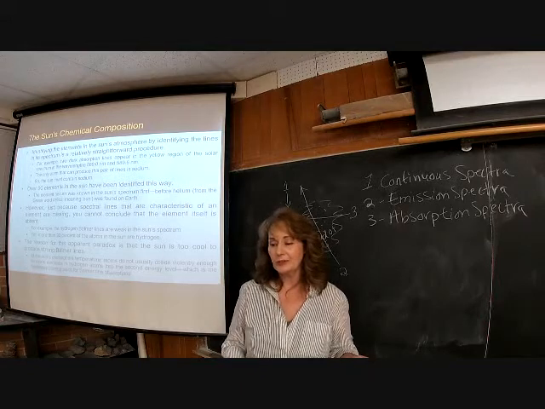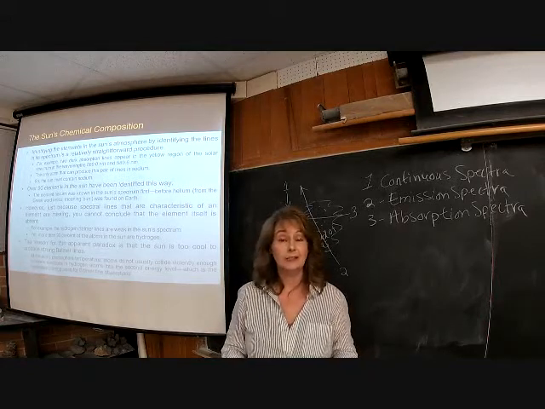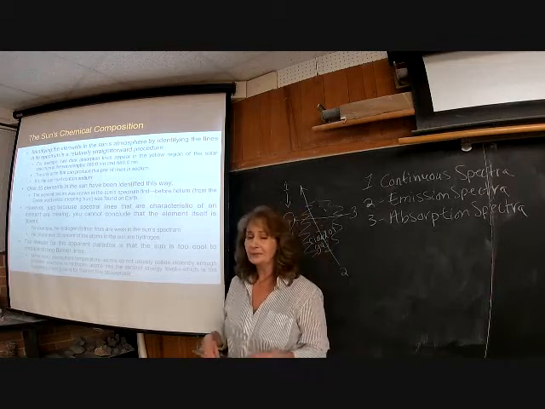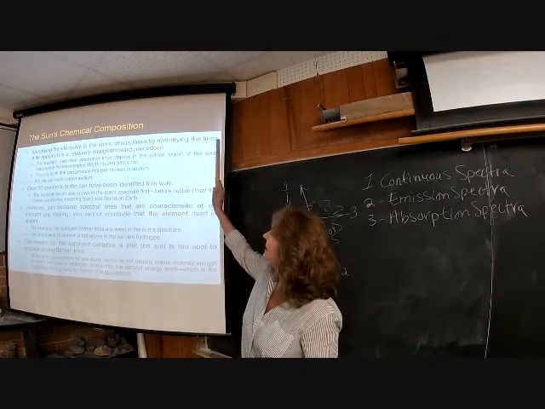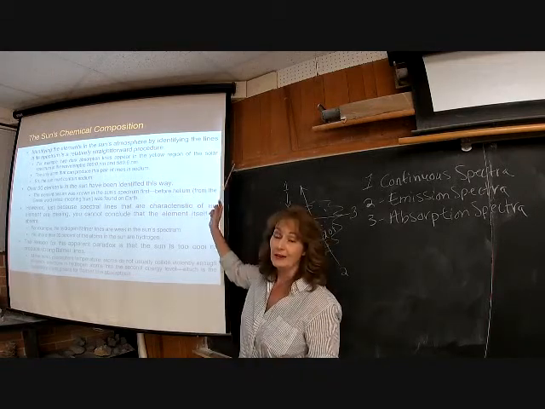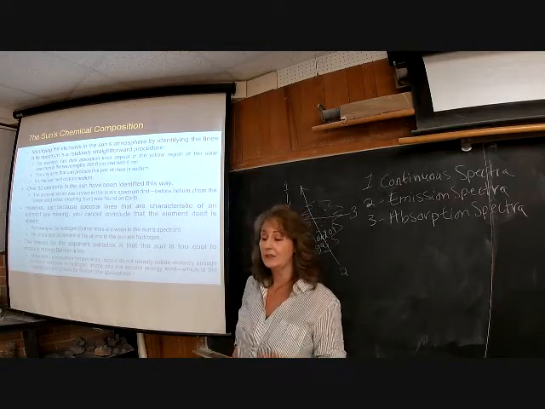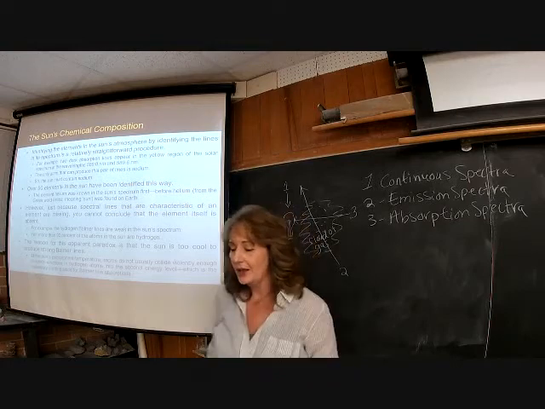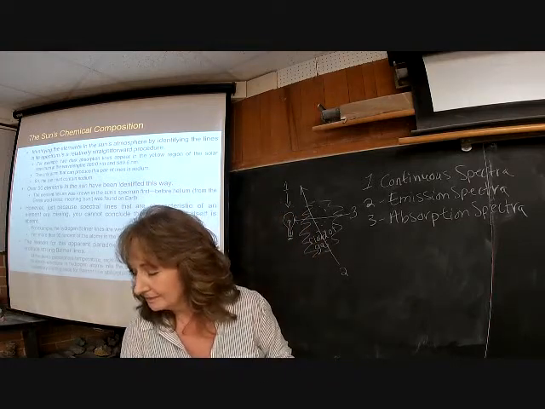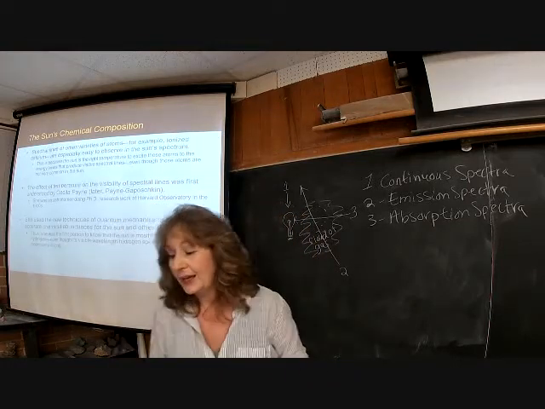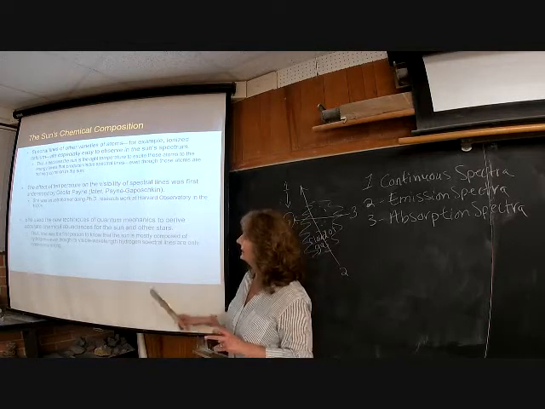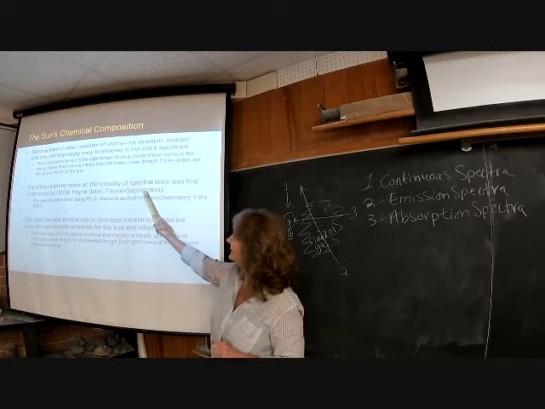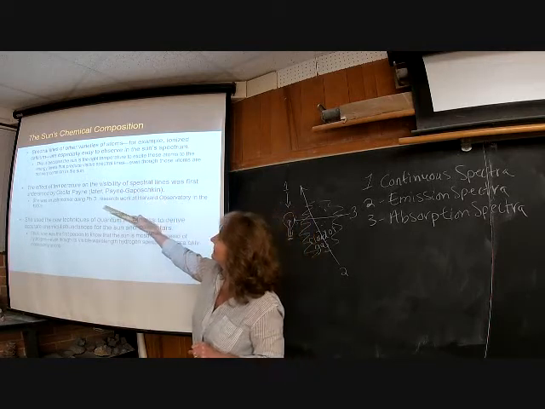So for the chemical composition of the sun, they were trying to identify the elements that are in the sun by taking a look at those spectral lines. What wavelengths were they at? And so they were able to identify the elements in there. Okay, and one person who really helped us out with the temperature and the visibility of spectral lines was Cecilia Payne.